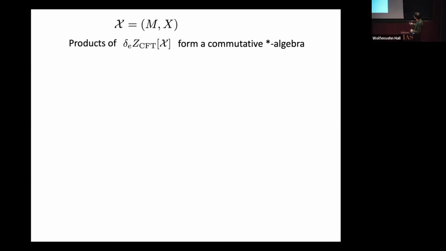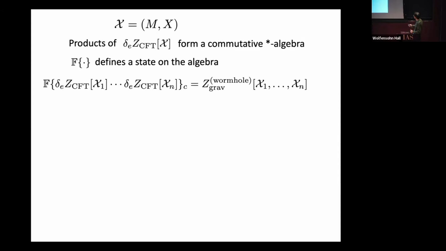And then the product of those erratic parts forms a commutative star algebra. You can take the complex conjugate of it. And then this filter defines a state on this algebra. In particular, the action of this state on an element of the algebra relates to the wormhole amplitude. Okay, the wormhole partition function.